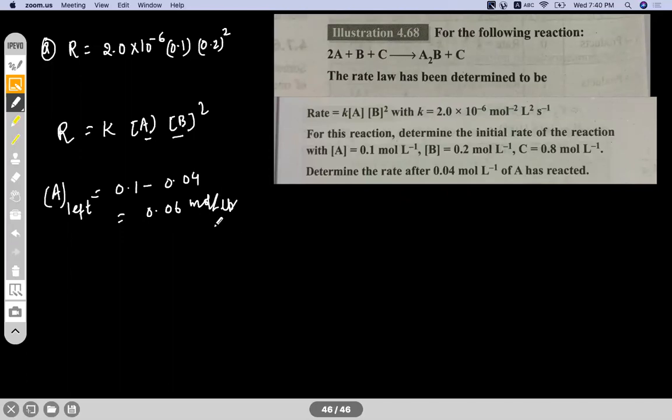For B, what is the amount left? For that, we should write down the rate expression for A and B. That is 1 by 2 times minus d concentration of A by dt is equal to minus dB by dt. Right?